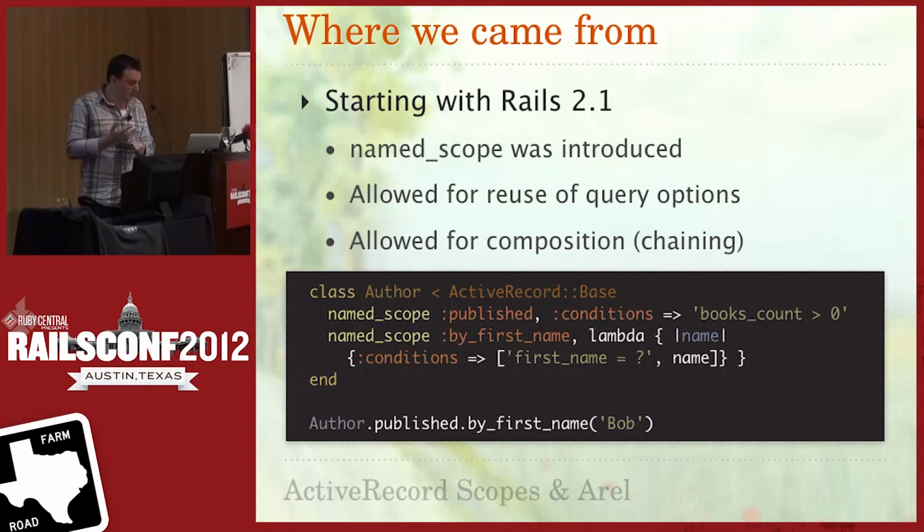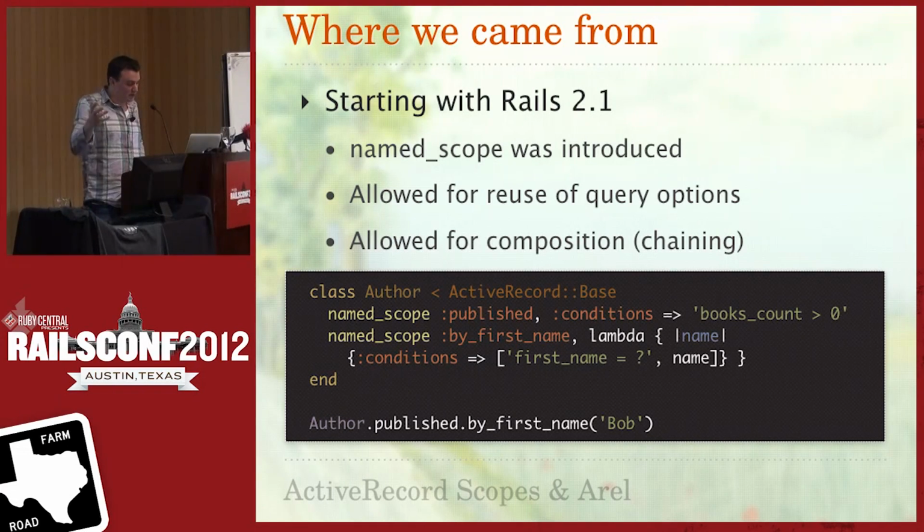So here's a couple of examples. The first one is a named scope we call published, and basically we're saying an author is published when the number of books that they have is greater than 0. You use the class method named_scope, you give it a name, published, and then you give it the options for this query.